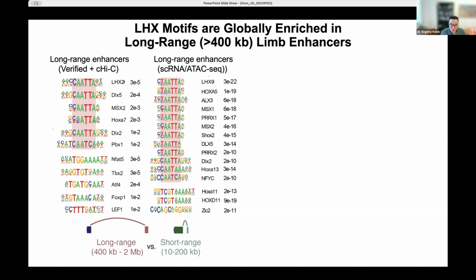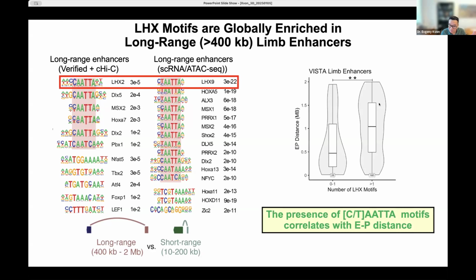In both cases, the top enriched motifs were LHX2 and LHX9. And moreover, the presence of these motifs correlates with enhancer-promoter distance. If you have two or more of these LHX motifs, you're on average further away from your promoter than if you don't have them, based on capture Hi-C data.